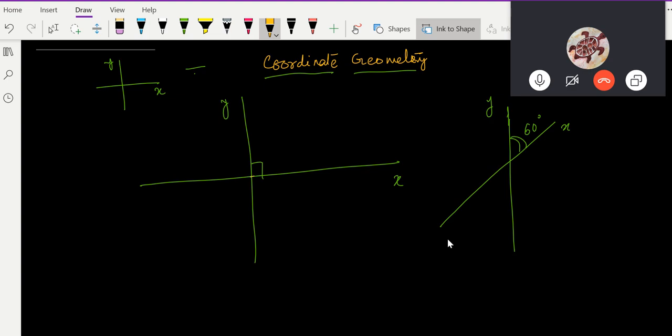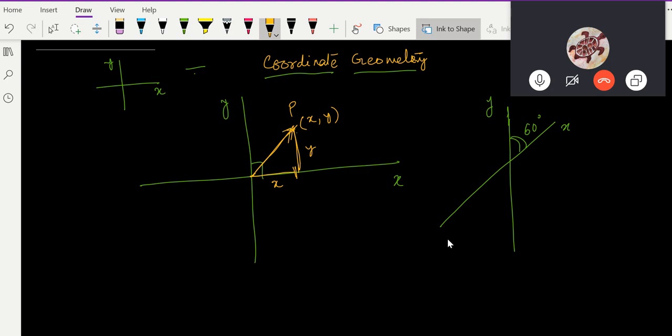Let's say I take a point here, x and y. What we do is we go x units on the x-axis, and then we go up y units on the y-axis, right? So this is x, this is y, and this becomes my distance from the origin.